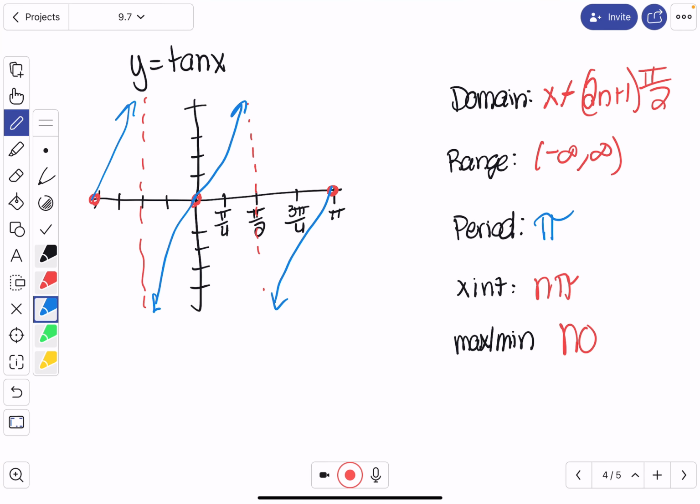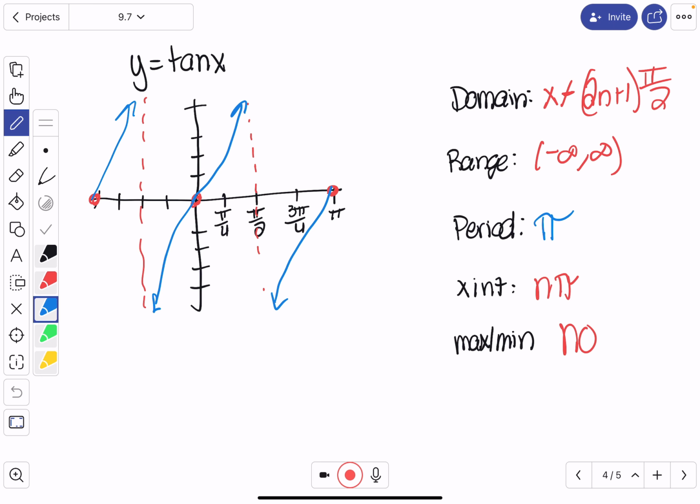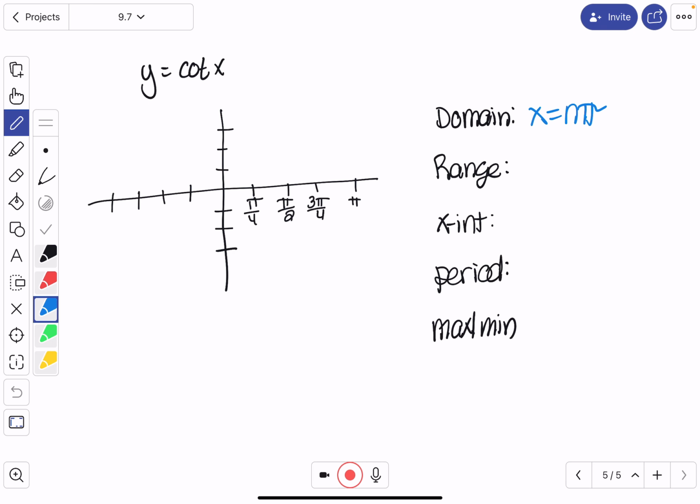So cotangent's the inverse. So the domain and range are probably going to be the same. Let's check it out. Well, they're a little bit different because we're flipping. The inverse of this means where the x-intercepts are going to be the asymptotes, and where the asymptotes are going to be the x-intercepts. So here, we're going to have this as an asymptote, and this as an asymptote, because those were x-intercepts before, and now our x-intercepts are going to be where the asymptotes were before.